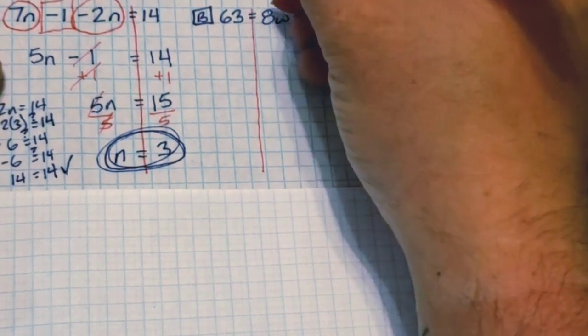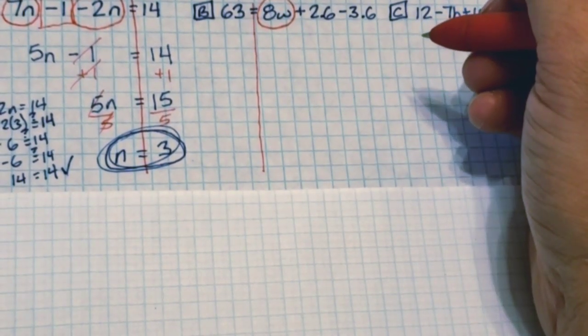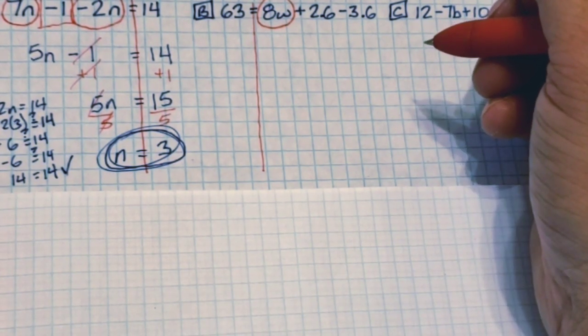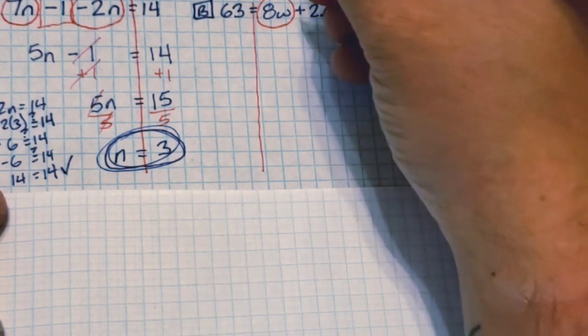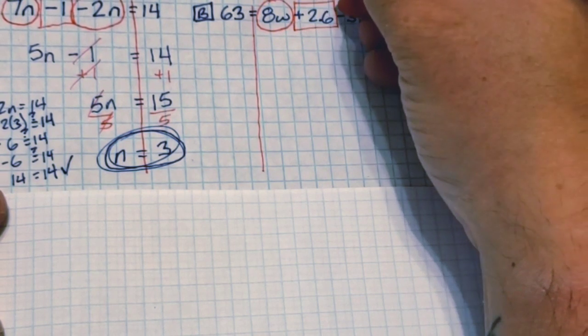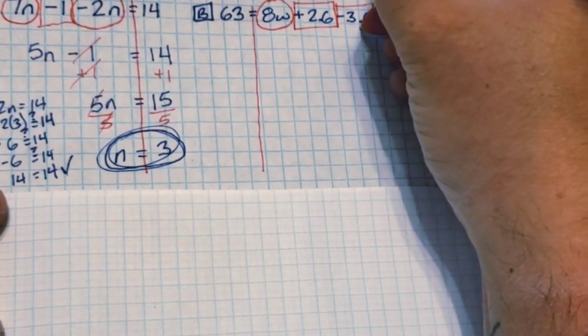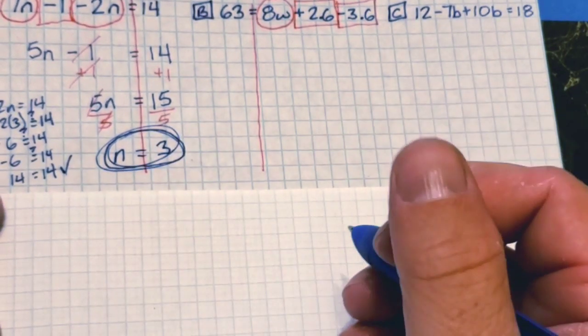But over here, is anything a like term with 8w? Does anything else have a w to the first power? No. So there are no like terms. Remember that constants are like terms. So this positive 2 6/10 and this negative 3 6/10 need to be combined.